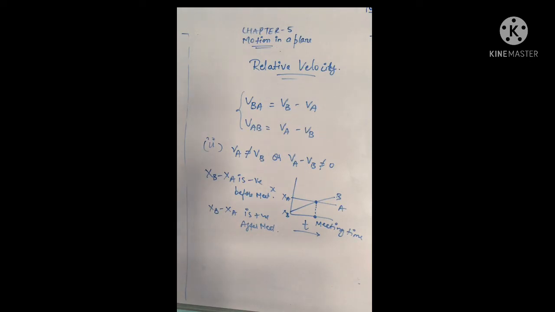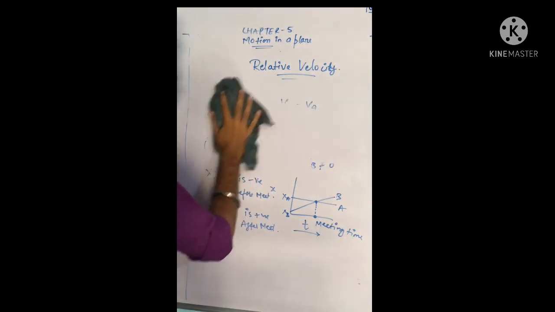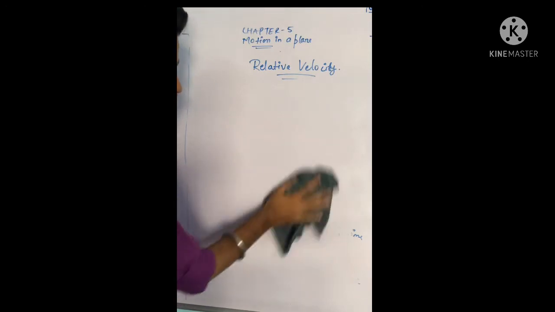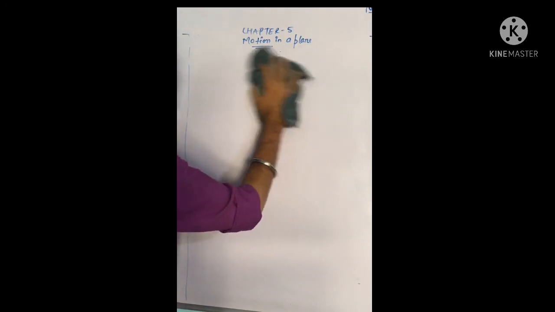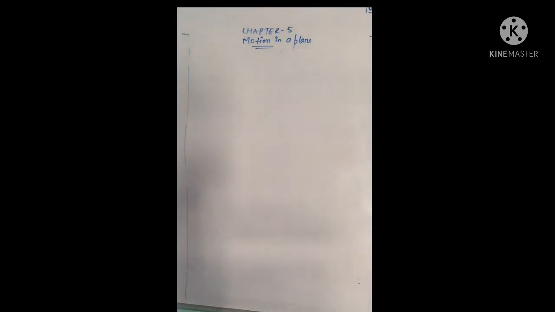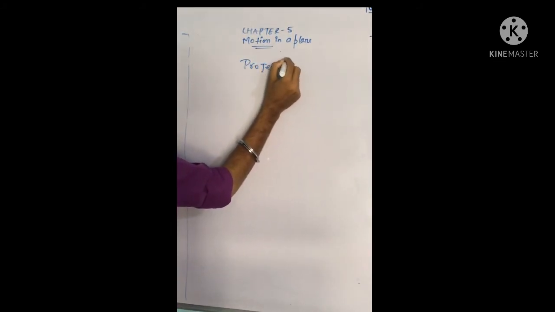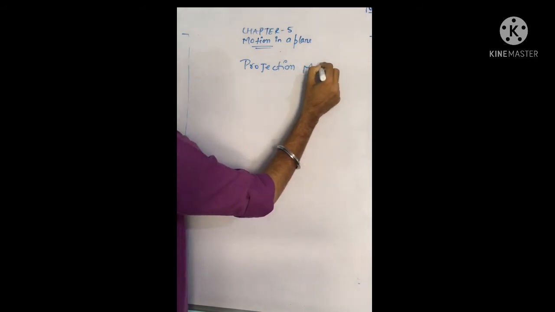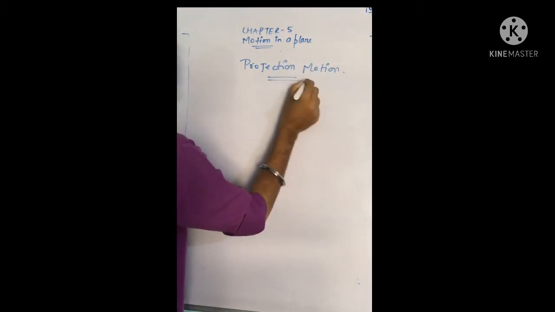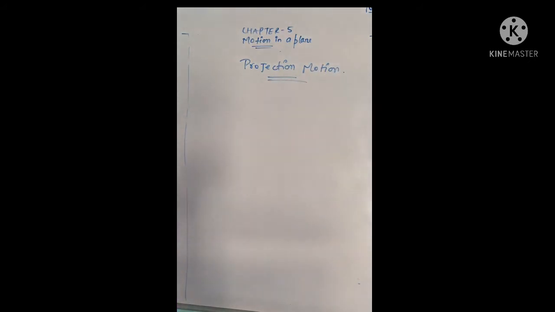Now we are moving on to the very important topic, that is projectile motion. So what is projectile motion? Let us assume that if a body is moving in a straight path, its motion is said to be translatory motion.